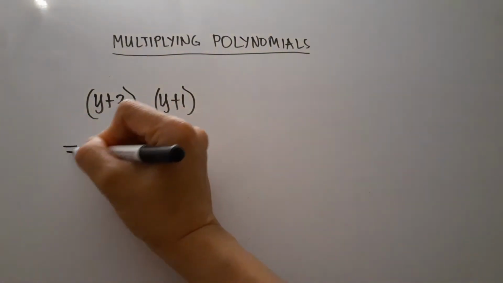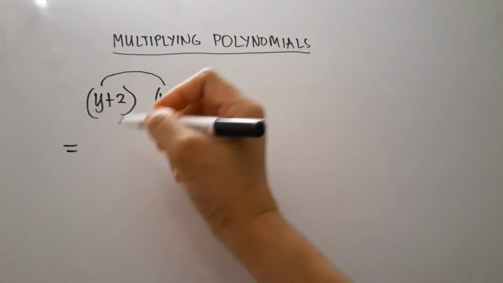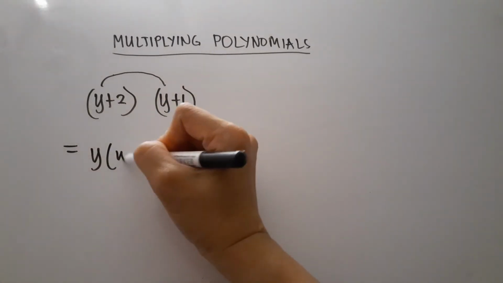And then let's have another example. The quantity y plus 2 times y plus 1.